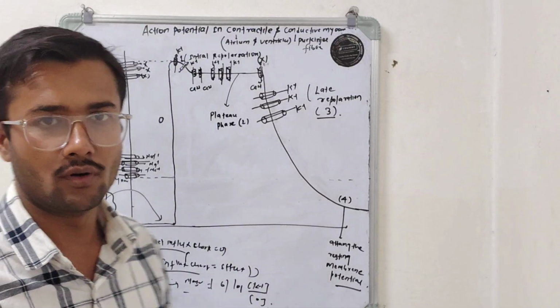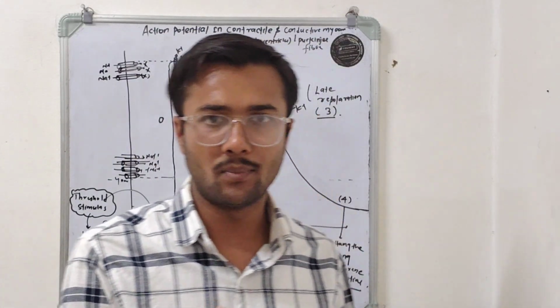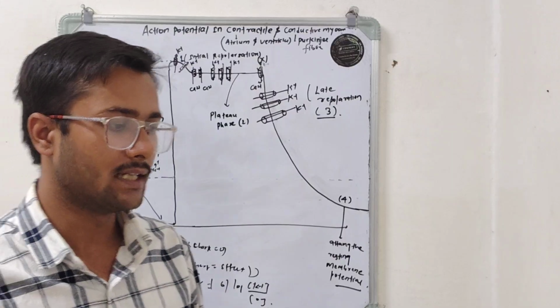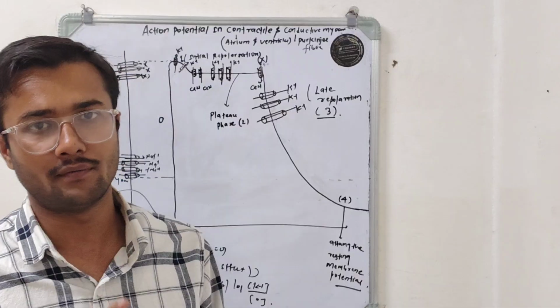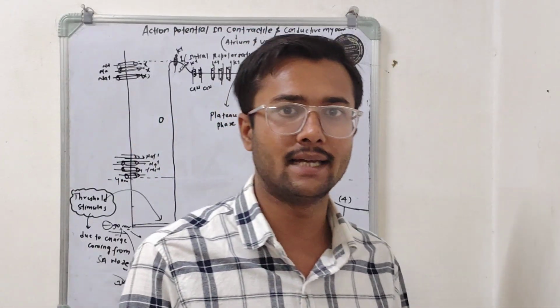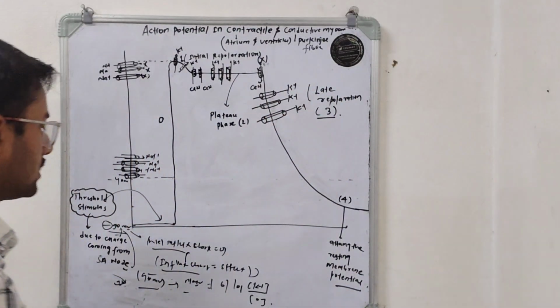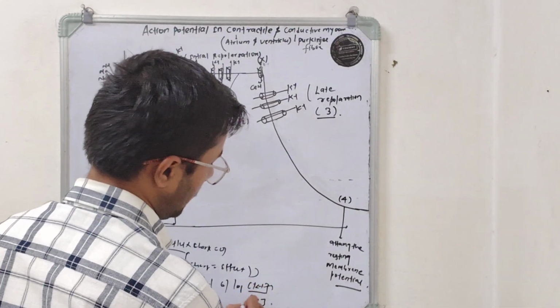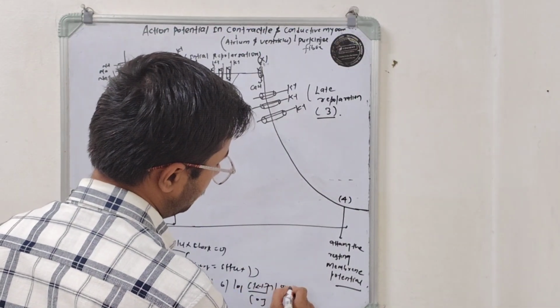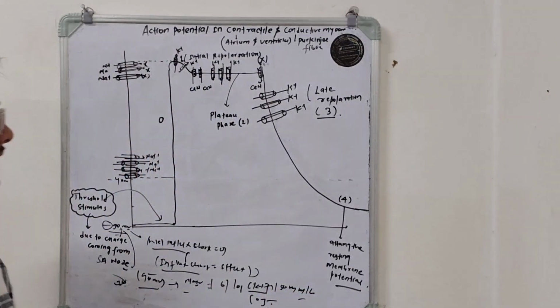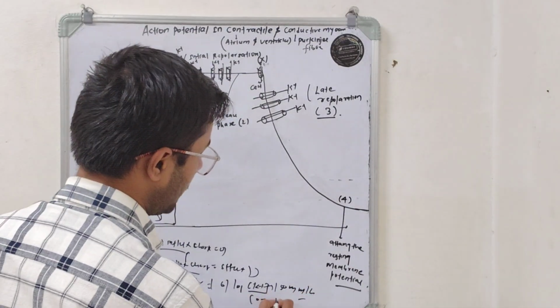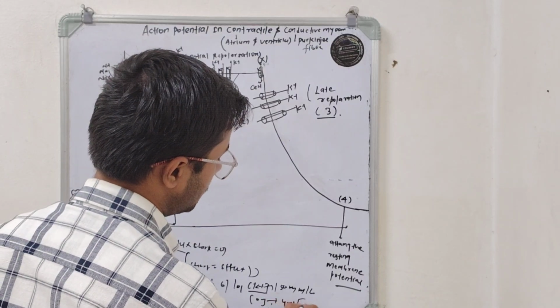In the Nernst equation, in the numerator they put the value of the concentration of potassium ions. The potassium ion concentration inside is approximately 150 millimoles per liter, and the outside potassium ion concentration is 4 millimoles per liter.